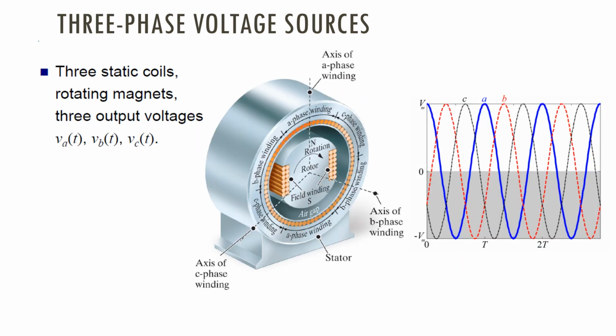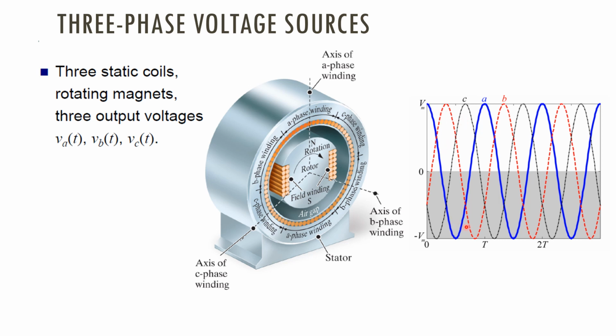Similarly, if you go for a three-phase voltage source, that means a three-phase generator, right? So three different windings would be there, right? In these three windings there would be different voltages, that means VAt, VBt, VCt. These are identified with respective color codes here.